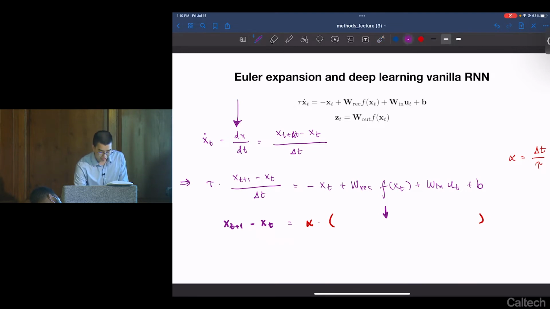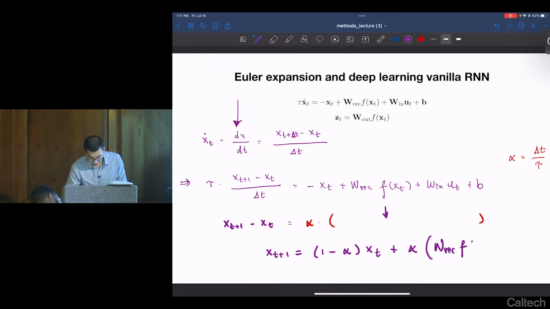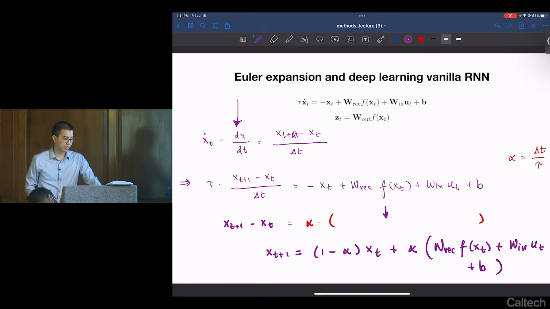And therefore, we'll see that this simplifies to x of t plus 1 equals 1 minus alpha x of t plus alpha w recurrent f of xt plus w in ut plus the bias b. All right, any questions on any part so far?